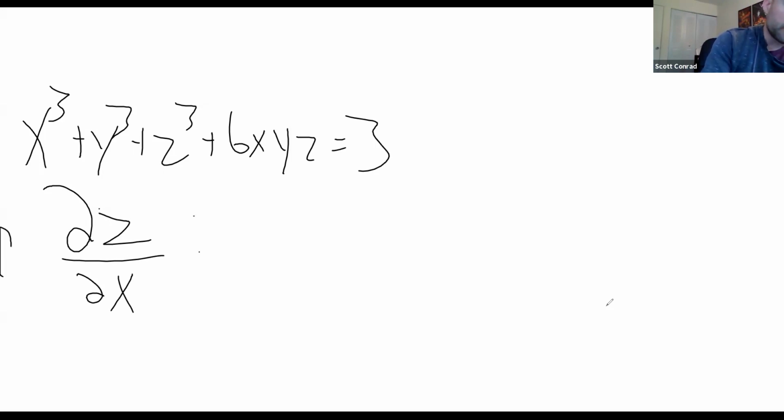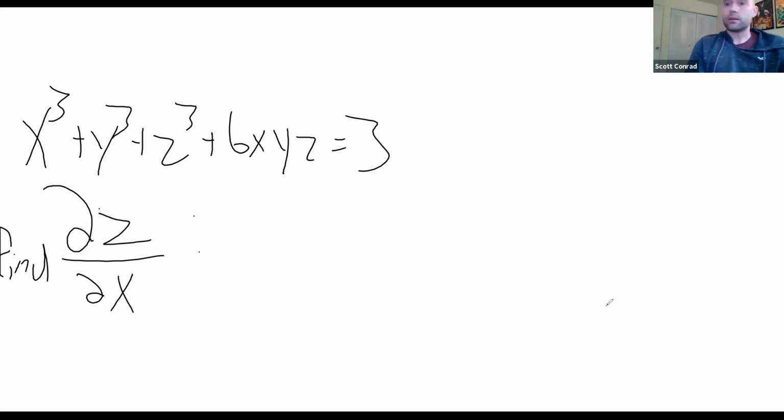We'll do the partial of z with respect to x, and it'll be the exact same process for the partial of z with respect to y. Okay, so we're going to do this like we did for partial differentiation for functions of one variable.